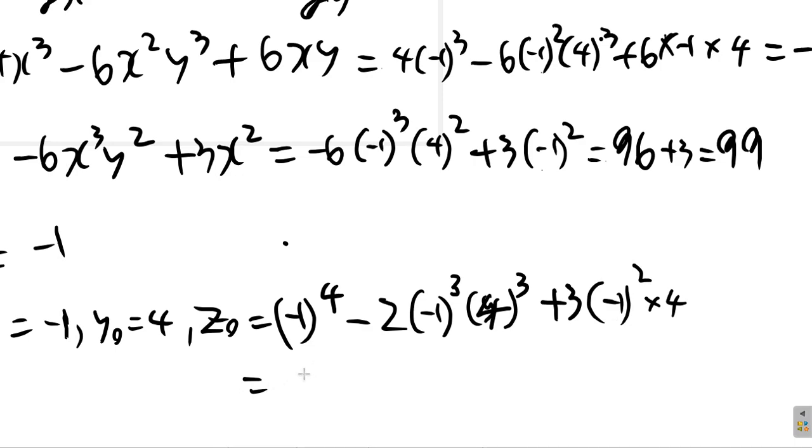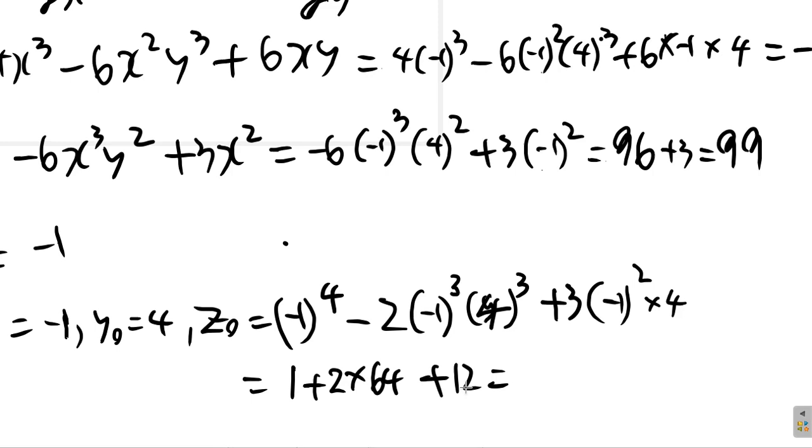So negative 1 to the fourth is just 1. Negative 1 cubed is negative 1 times negative 2 plus 2 by 4, 4, 16, 16, 4, 64, plus 3 fours 12.